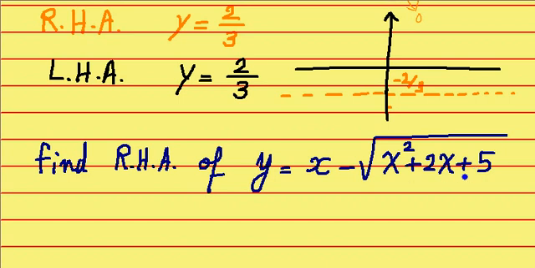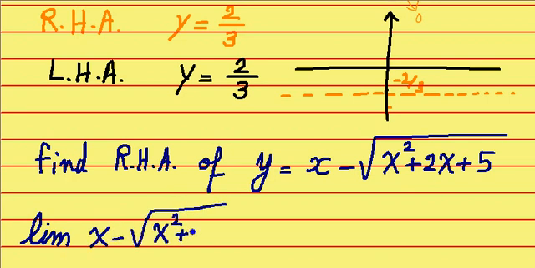Well, this is going to be significantly harder than the previous one. Again, the question is, what is the limit of that expression, x minus radical x squared plus 2x plus 5. Right means going to plus infinity. You want to find this limit.